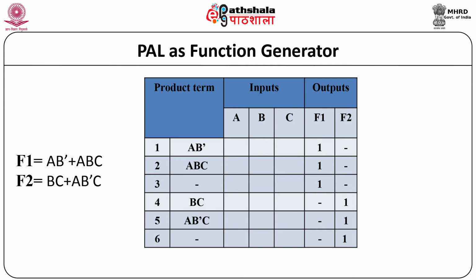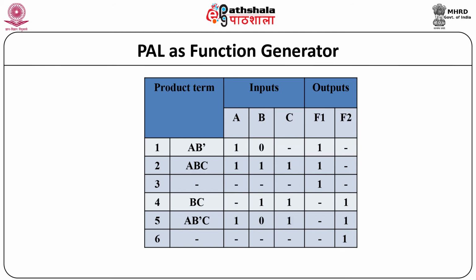Similarly, F2 is also generated from the 3 product terms BC, AB bar C, and the third product term is written as dash as it is absent. Let us now fill the inputs and outputs to get desired functions.